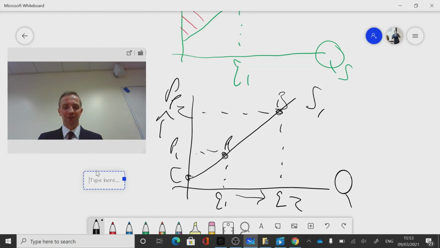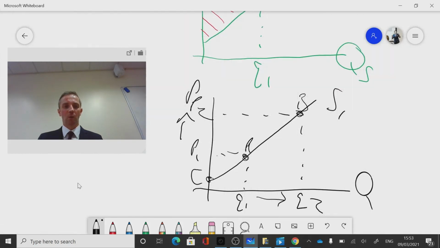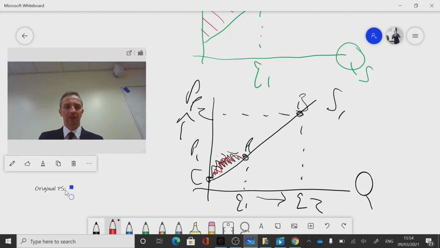So let's just have a think about where those areas might actually be. So what we want to identify is the original PS, producer surplus. Now we can see that is P1, Q1, and so we're talking this triangle, again, area above supply and below price.